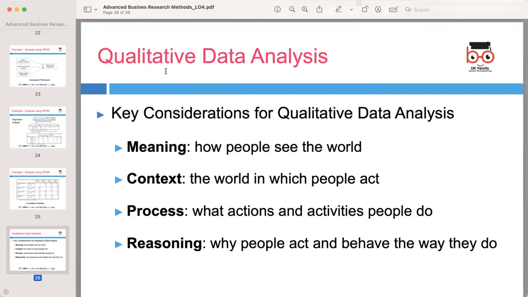Now, next one is qualitative data analysis. Have you got any idea about qualitative data analysis? Any idea, Hina, about qualitative data analysis or anything that comes to your mind? Qualitative data analysis, I think, yeah.